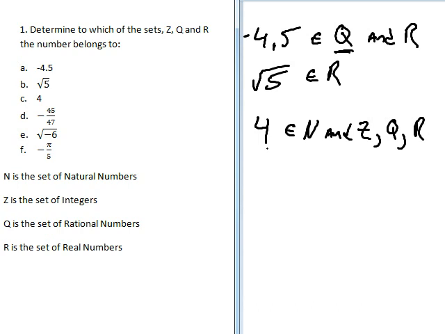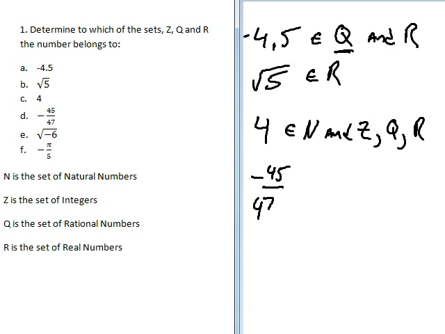How about minus 45 over 47? So minus 45 over 47, it's not a natural number, it's not an integer, but both numbers are real numbers, so we know it's going to be in the real number set.